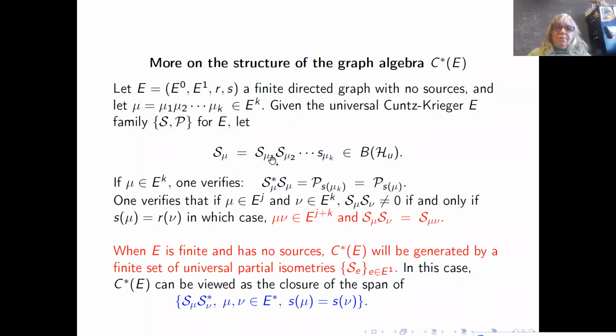So let's consider these universal partial isometries and universal vertex projections and what they should satisfy.